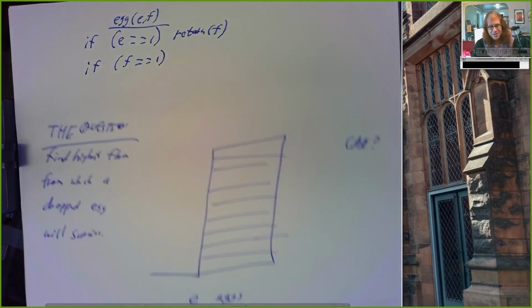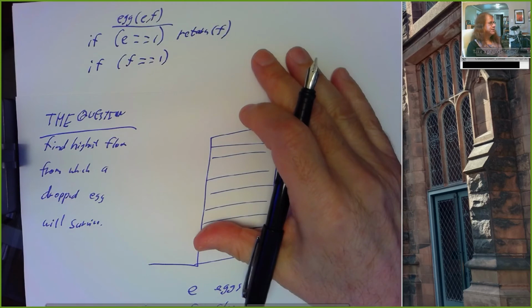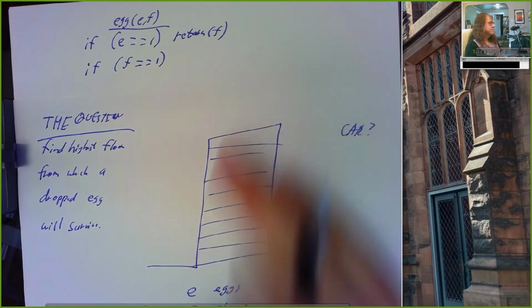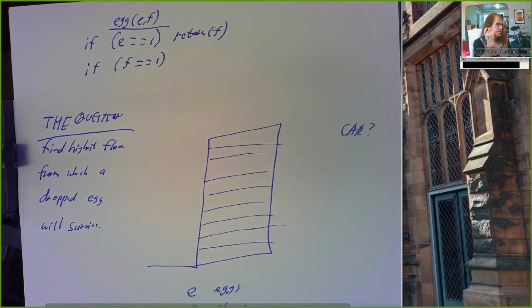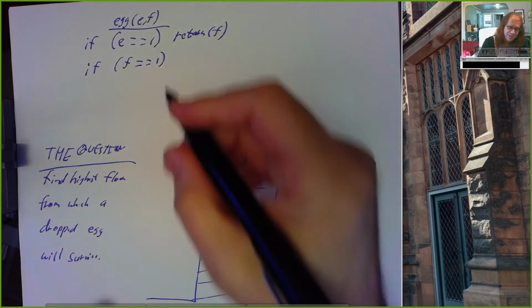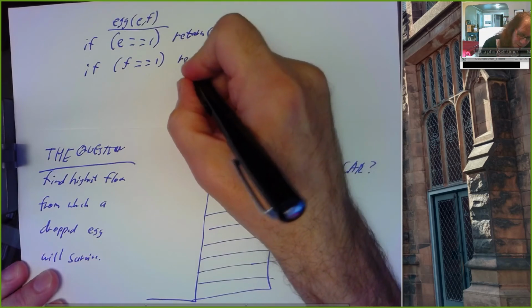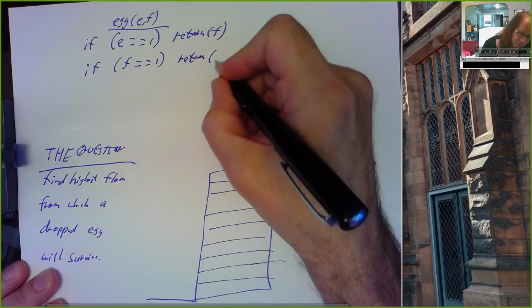All right, if we have only a single floor in our building, how many experiments does it take? It takes just one. It doesn't matter how many eggs we have. If the number of floors is equal to 1, just drop an egg off that first floor, and it'll break or it will not break. So if floors is equal to 1, return 1.